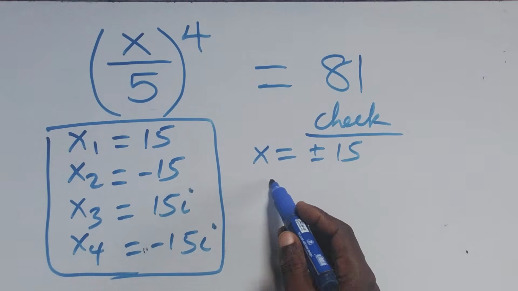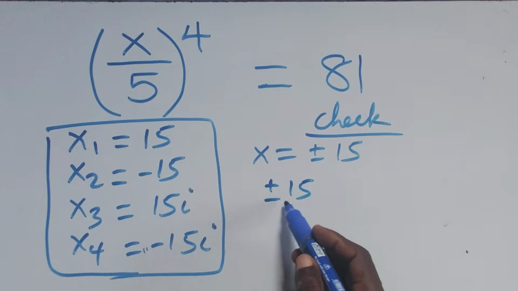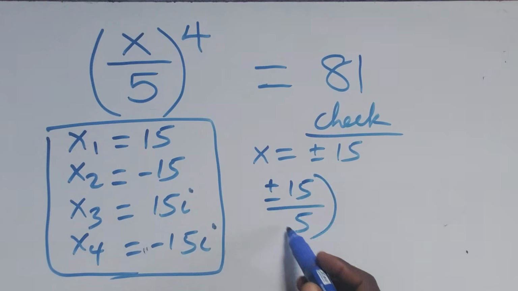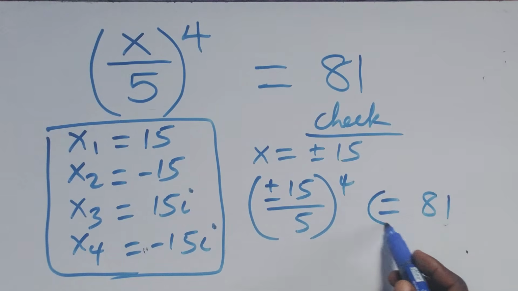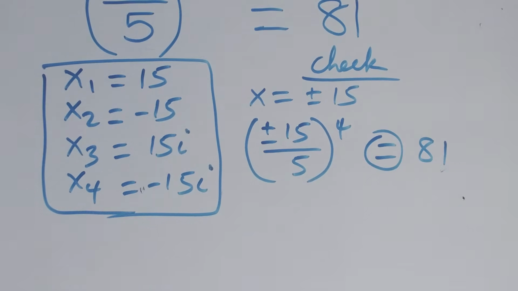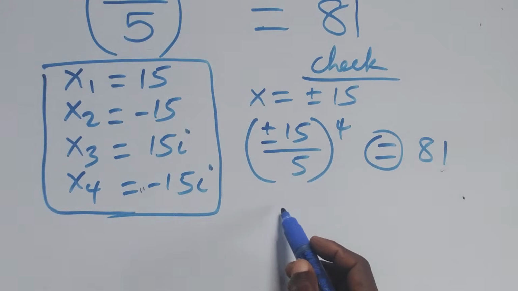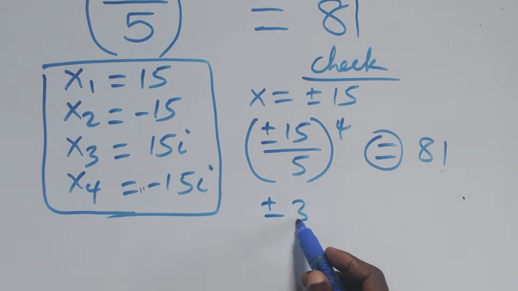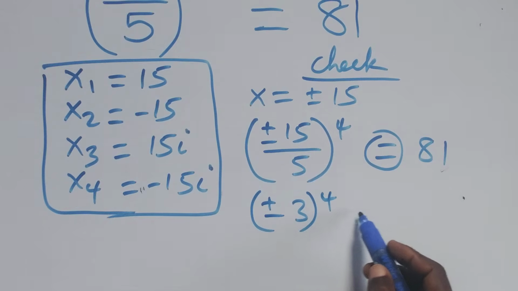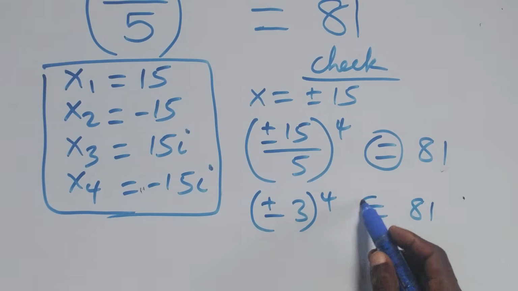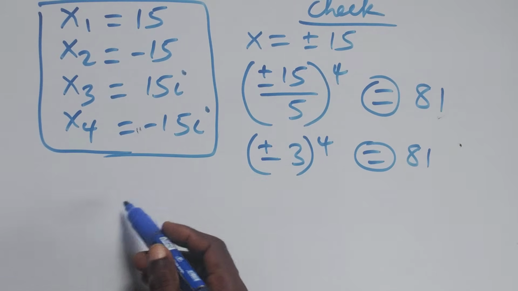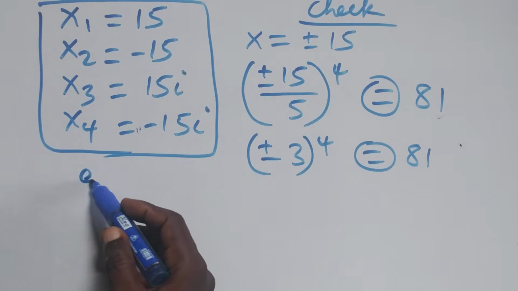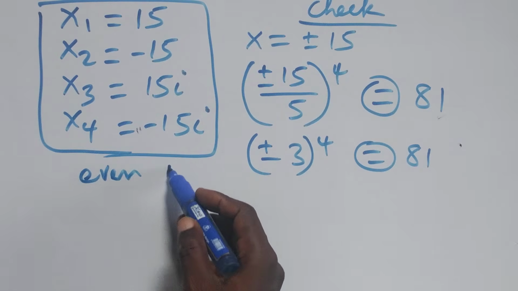substitute here and we have (plus or minus 15 over 5) all raised to power 4 equals 81 on this side. So 15 over 5, that's 3. We have (plus or minus 3) all raised to power 4 equals 81 from here. Whenever we raise plus or minus to an even power, it will be plus.